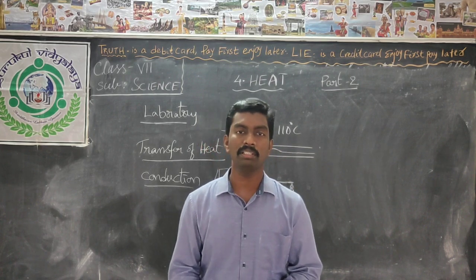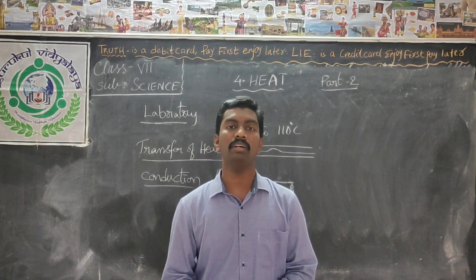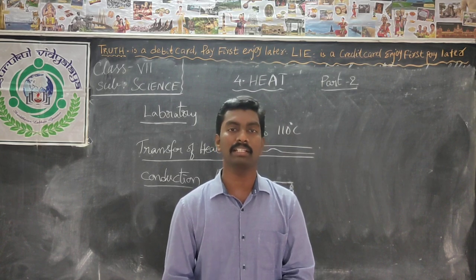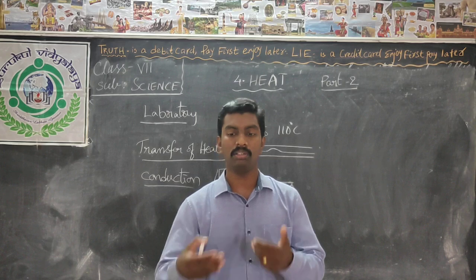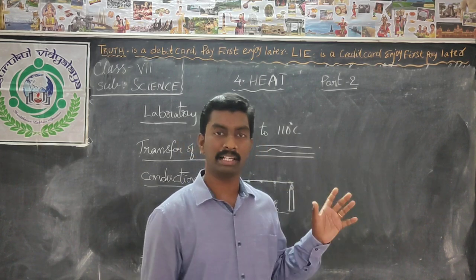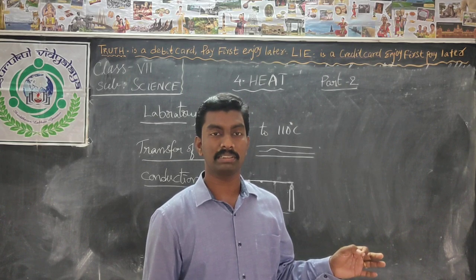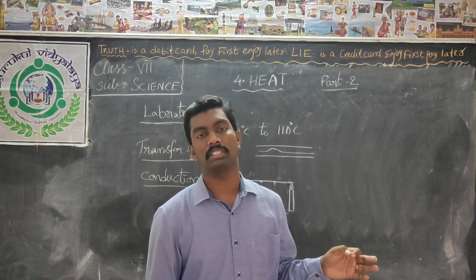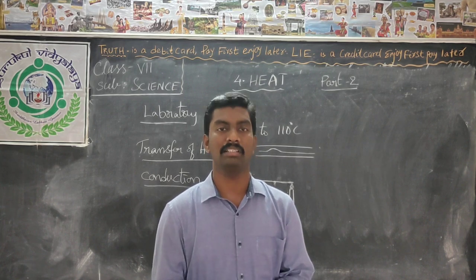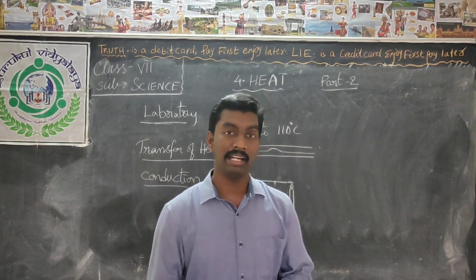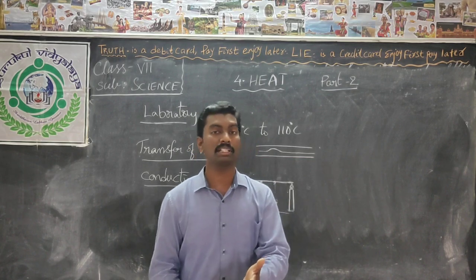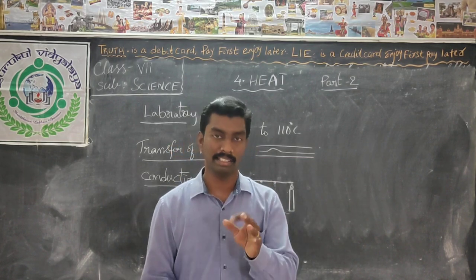We call them conductors of heat. There is a property, conductivity of heat, for the metals. So do you understand what is meant by conductors? The process by which heat transfers from the hotter end to the colder end is called conduction. And the materials which allow the heat to pass through them are called conductors.